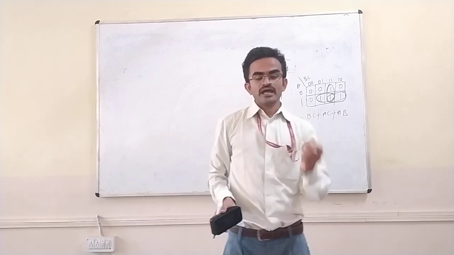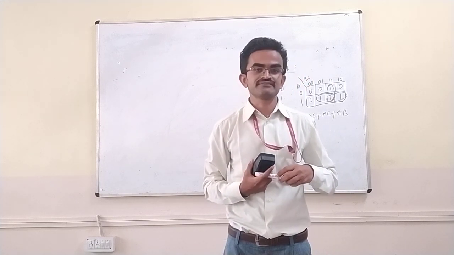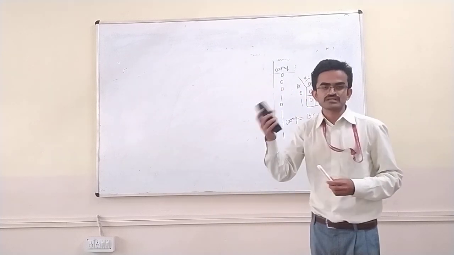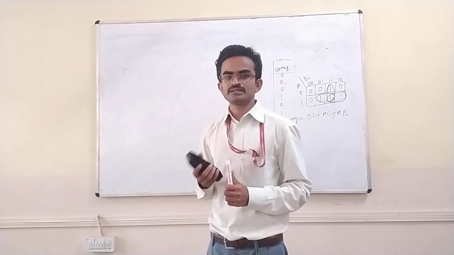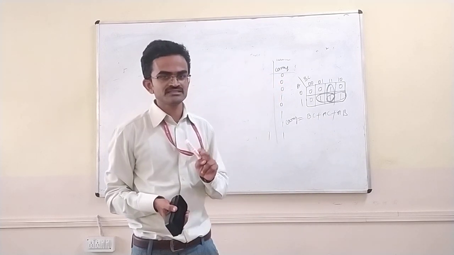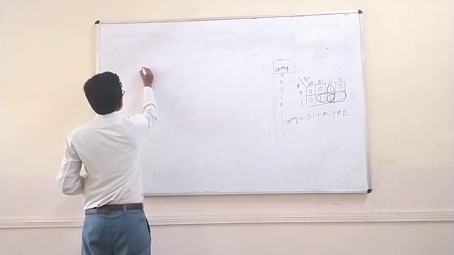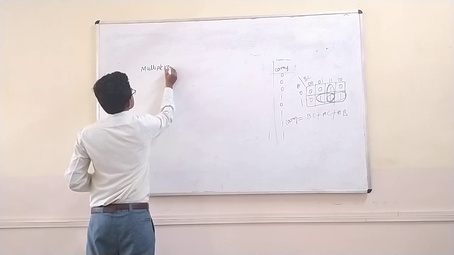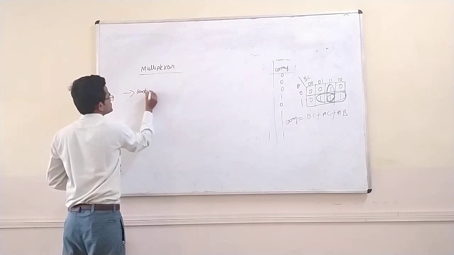Total digital circuits are classified into two types: combinational circuits and sequential circuits. In combinational circuits, the output depends upon the inputs. In sequential circuits, the output depends upon the input as well as the previous output. So a multiplexer is a combinational circuit. The first point is very important: combinational circuit.